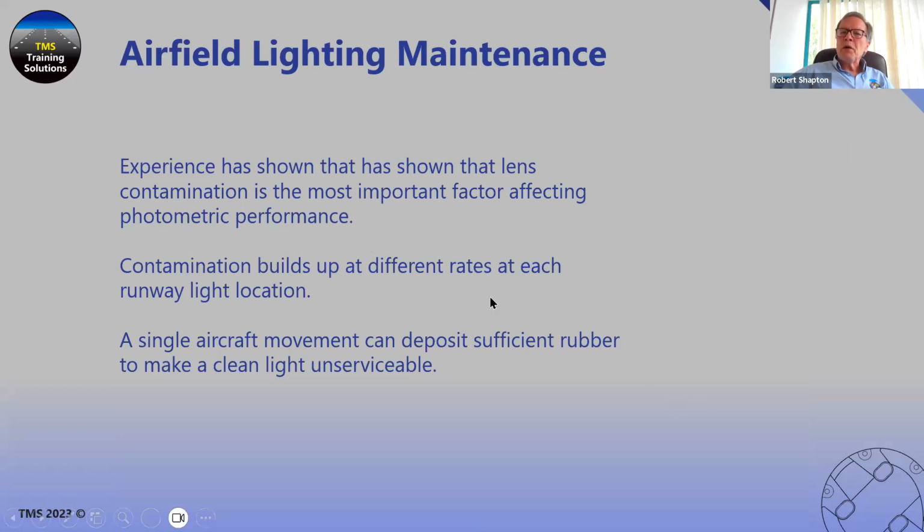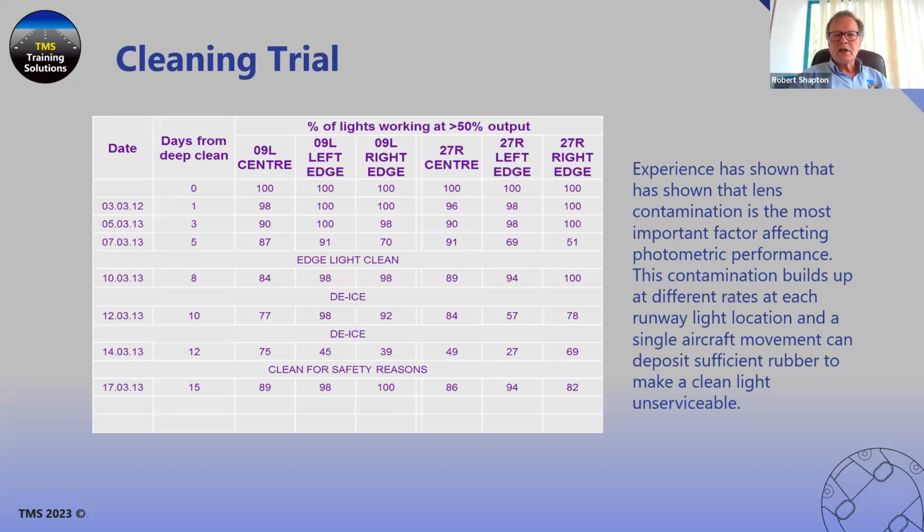The contamination will build up at different rates at every runway light location, and a single movement can destroy the photometric compliance of a light in just one landing. We did a test at another UK airport to actually measure how long it would take for lights to become non-compliant. The lights were deep cleaned, such that they were 100% compliant on day 0, as demonstrated by photometric measurement.